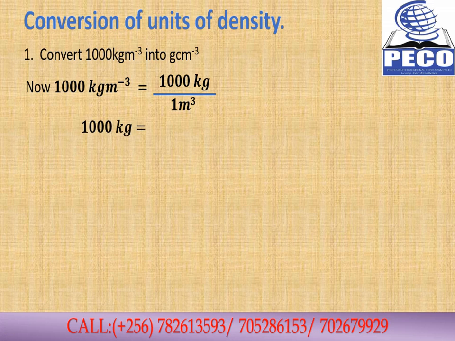So how do we convert that? Now we know that 1 kilogram is equal to 1000 grams. You remember the units of conversion in mass. Now if I have 1000 kilograms, then I have to multiply by 1000, so that I get 1000 times 1000 grams.